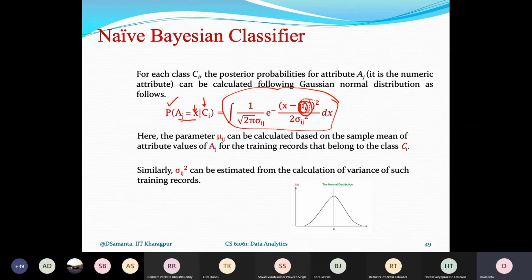Mu ij will be calculated for those values, and similarly sigma ij can also be calculated for them. So for each class level ci, we have to take the records for attribute aj, and for those values calculate mu ij as well as sigma ij square.